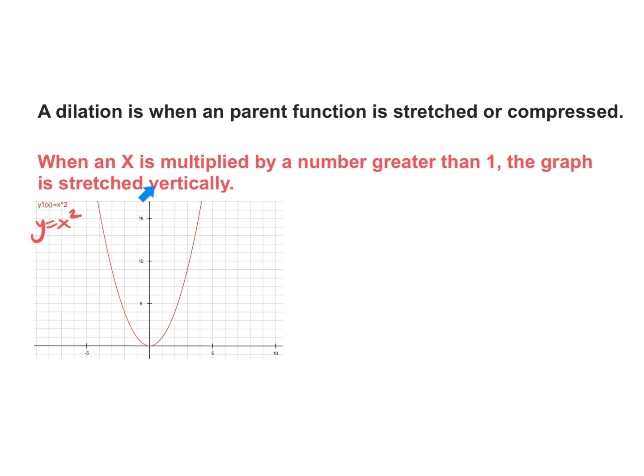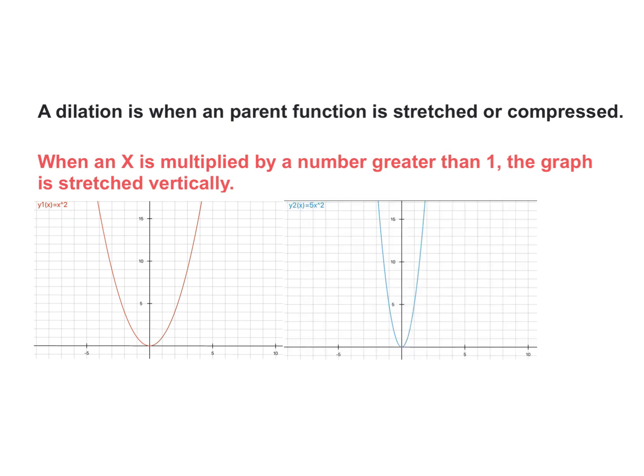But if I grab the top and pull it up, while this is still anchored, it's going to get skinnier. Okay, and so here's an example of that. This equation here is y equals 5x squared. So notice here, the viewing window is exactly the same. Nothing changed in the viewing window. But if I take this and pull it straight upward with the vertex anchored, it gets skinnier.